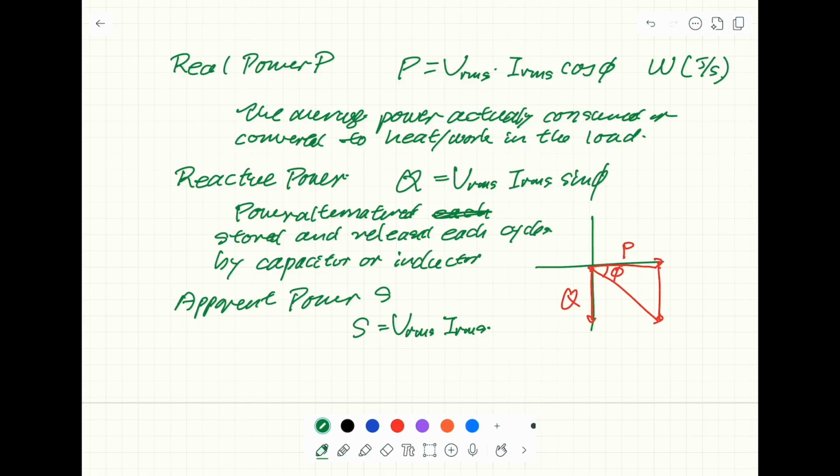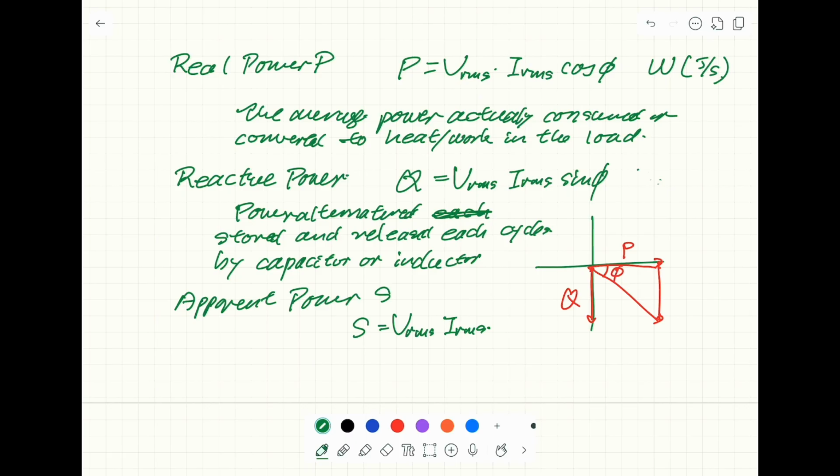And incidentally, I just have to remind you, reactive power is a power, so it is joule per second, but engineers try to remind you this is reactive power, the power that is stored and released in a cycle.